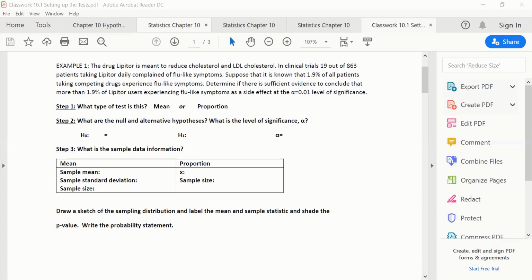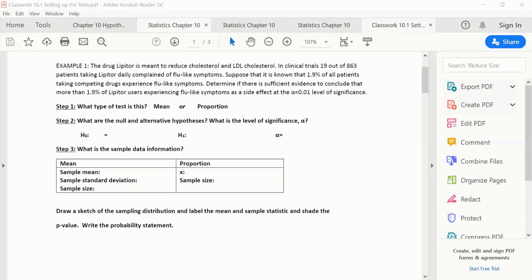Suppose it is known that 1.9% of all patients taking competing drugs experience flu-like symptoms. Determine if there is sufficient evidence to conclude that more than 1.9% of Lipitor users experience flu-like symptoms as a side effect at the alpha 0.01 level of significance.